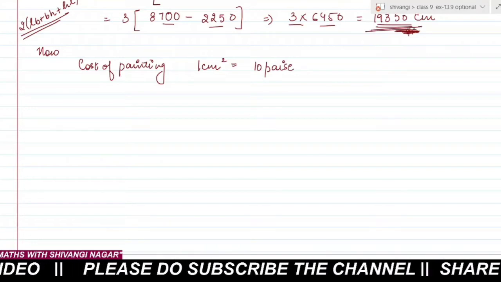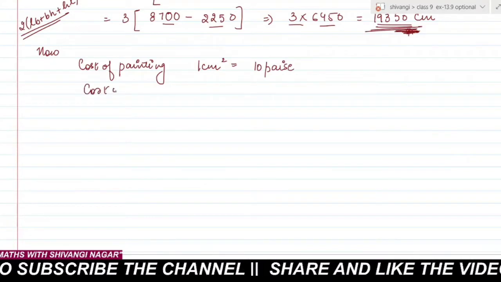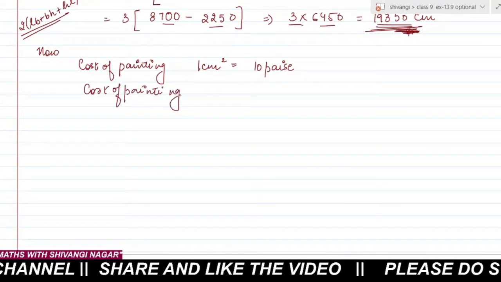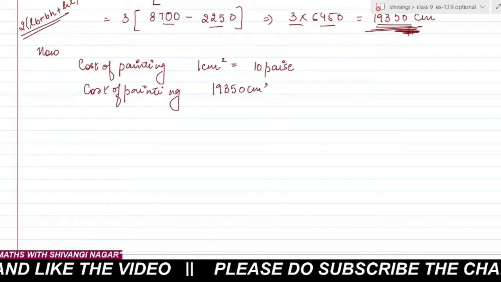And how much area do we need to paint? So the cost of painting 19350 centimeter square is what?